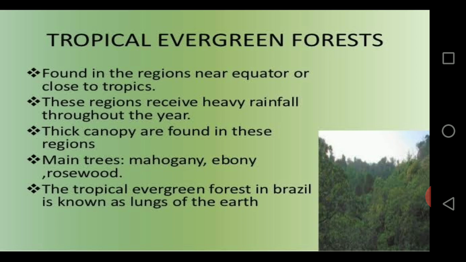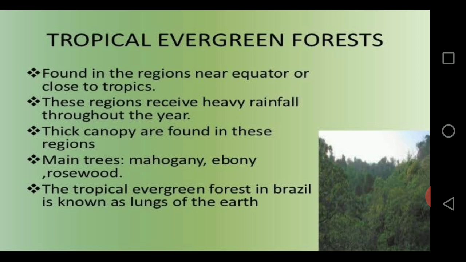They are found in the regions near the equator and also close to the tropics. Near the equator, throughout the year the temperature is hot as well as humid, and the region gets rainfall throughout the year. As a result, there is greenery everywhere. Thick canopies are found in these regions.